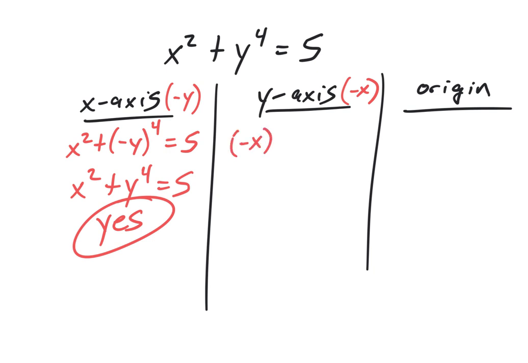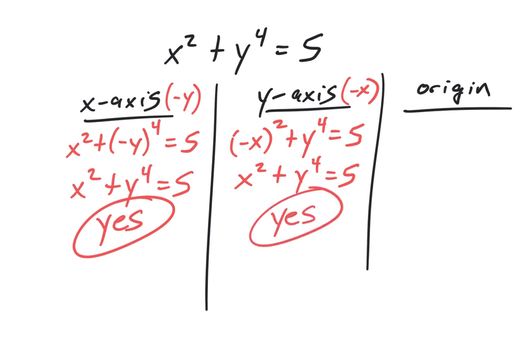That goes in for x. And once again, if I take a negative and raise it to the second power or square it, it's going to make a positive, okay? So this becomes x squared plus y to the fourth equals 5, which is the same equation that we started with again. So that is also yes.